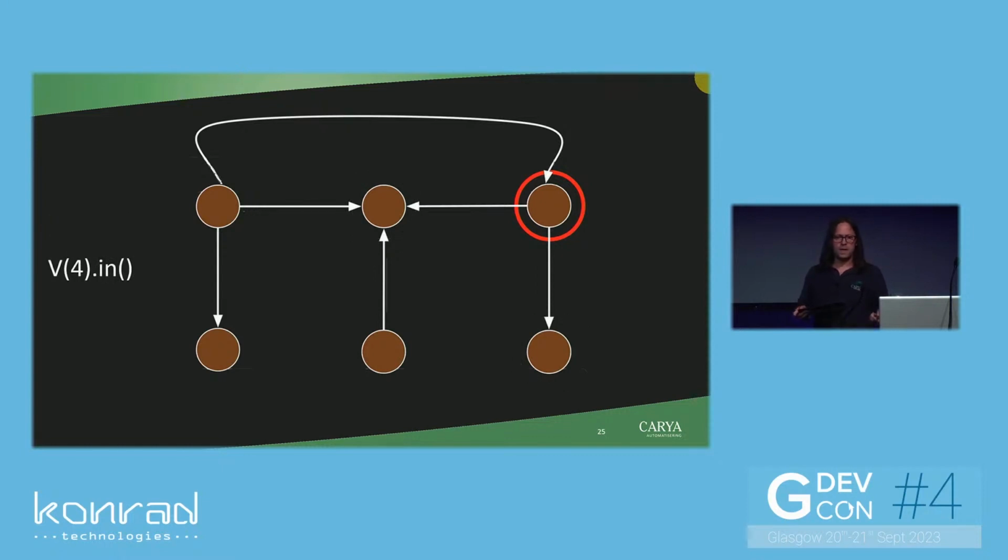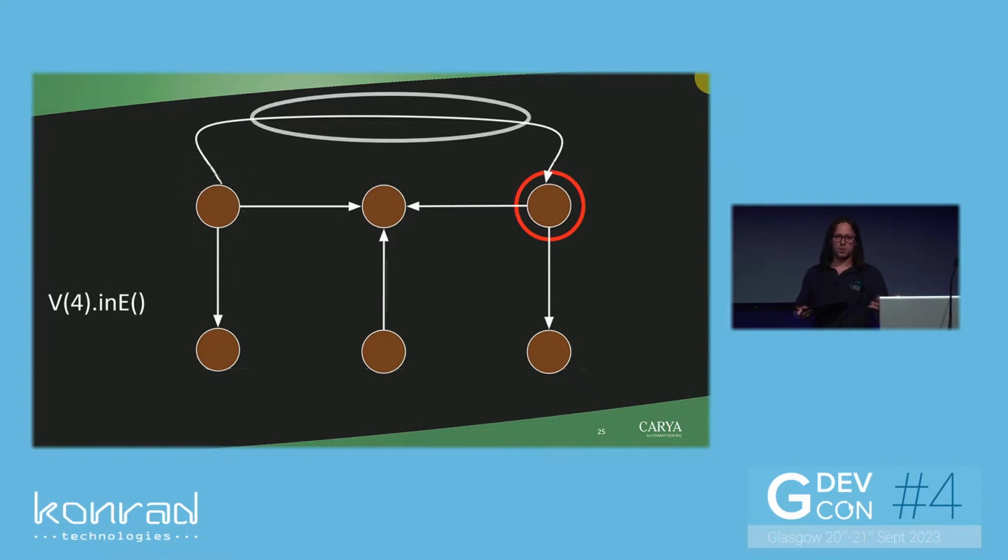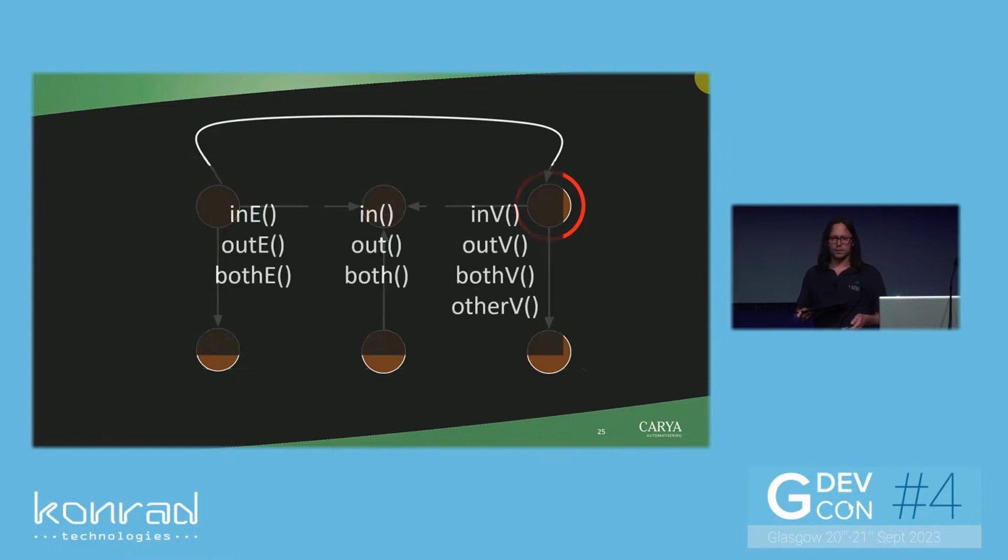If you do an in, then you get the nodes connecting to an input edge. You can also return not the node, but the edge itself. And you can move around the graph with these commands. So I'll use those in the demo, so you don't have to memorize them or anything.